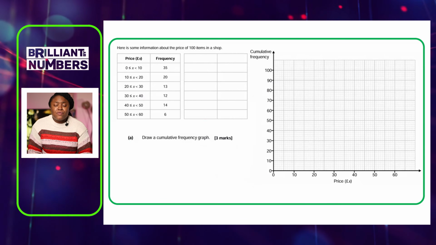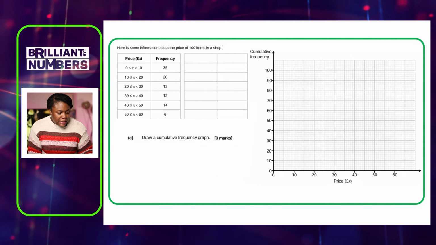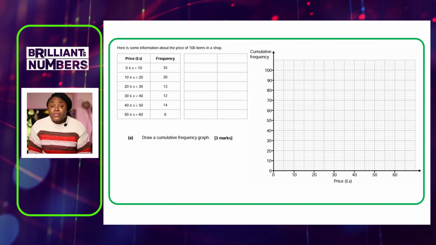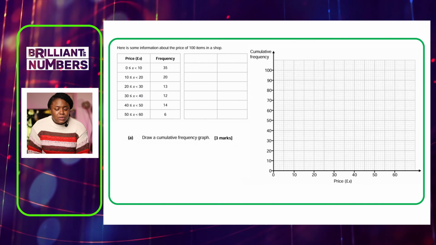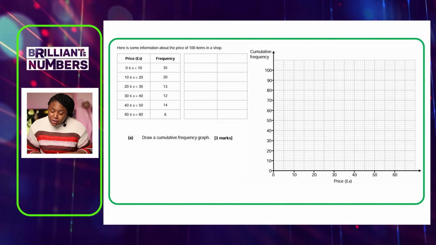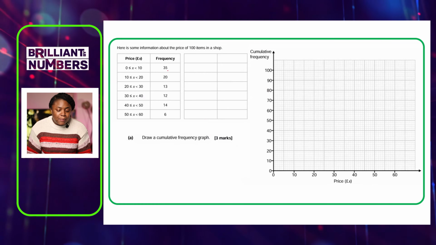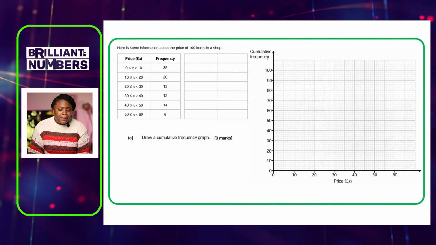So here we're moving on to cumulative frequency. For our cumulative frequency, we know that we need to find the cumulative frequency by starting with the first value. Now remember, when we're going to plot our graph, we have to take the upper bounds. So this section is what we want, the upper bound here.